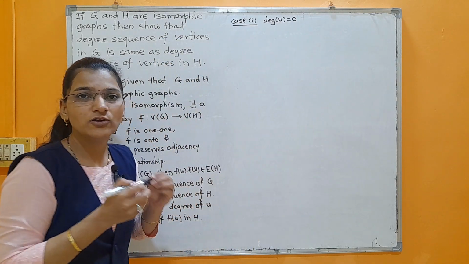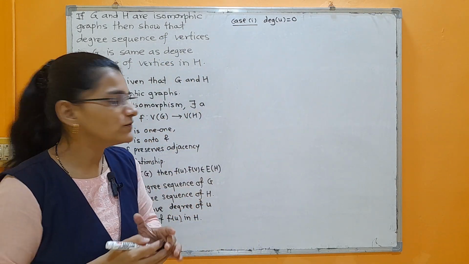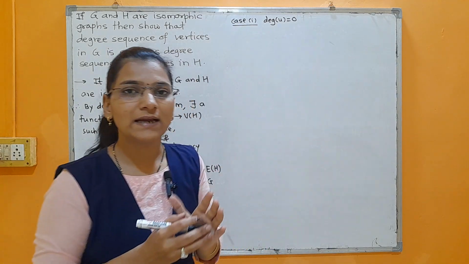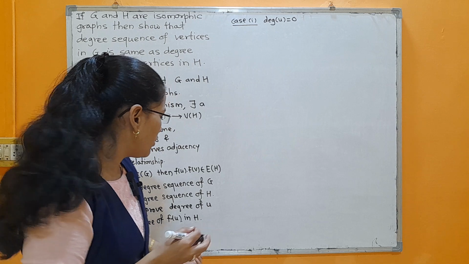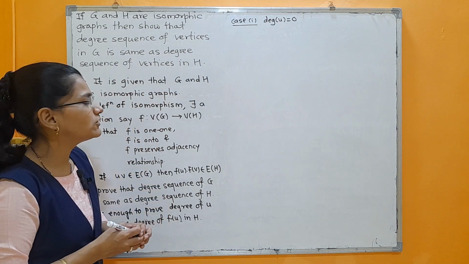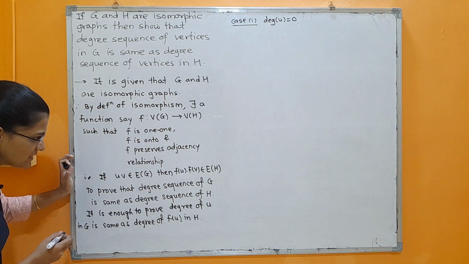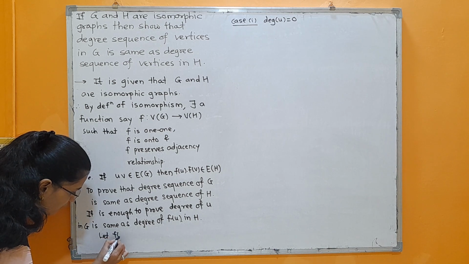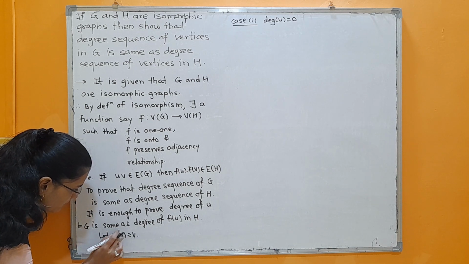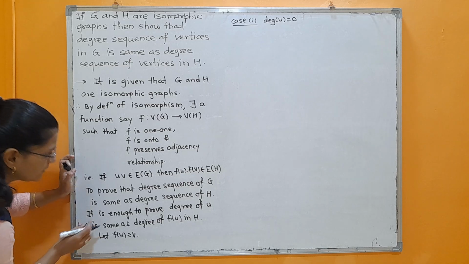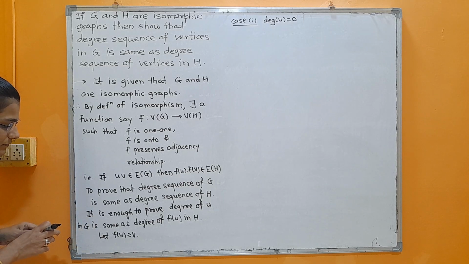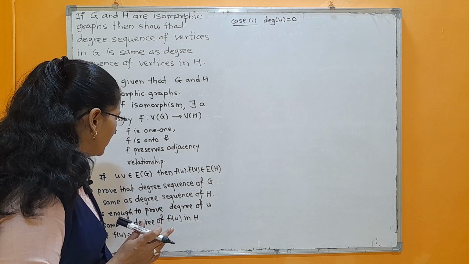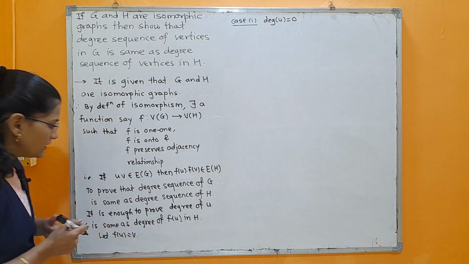We have considered u is a vertex in graph G and the degree of u is equal to 0. Now our target is to prove that the degree of f of u is equal to 0. So let f of u be equal to v. So our target is to prove the degree of v is equal to 0.